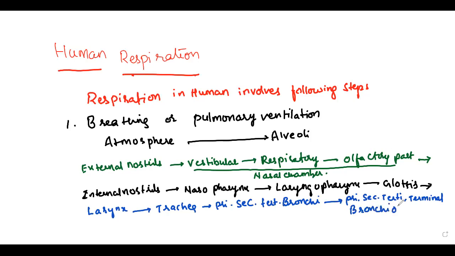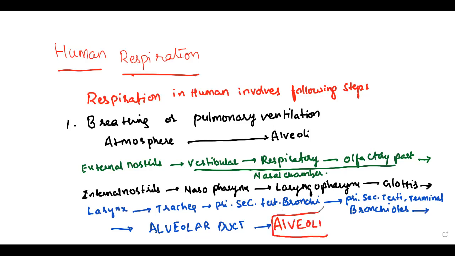Terminal bronchiole opens into the alveolar duct. The alveolar duct opens into the smallest unit of the lung. Who is that smallest unit of lung? Alveoli. So, alveoli of lung.